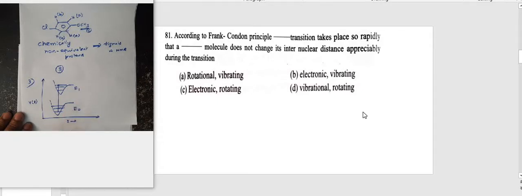Electronic transitions are very fast compared to the vibrational motion. So when an electronic transition takes place, there won't be any appreciable change in the vibrational motion. That means the internuclear distance practically remains constant during the electronic transition.